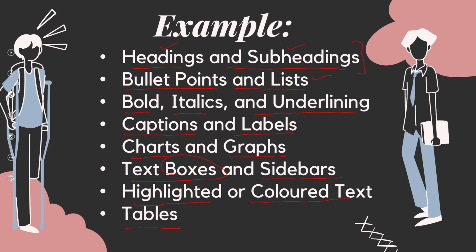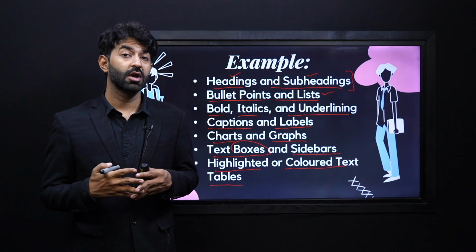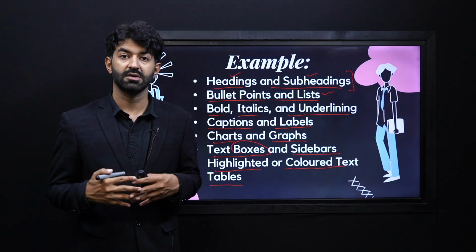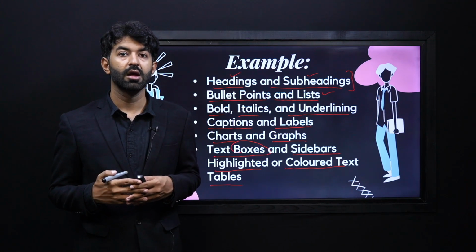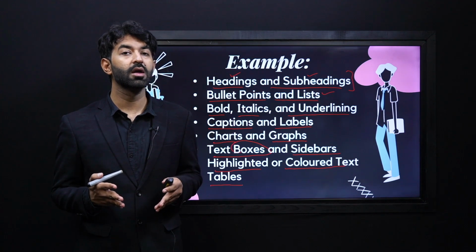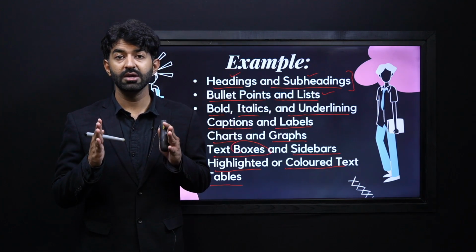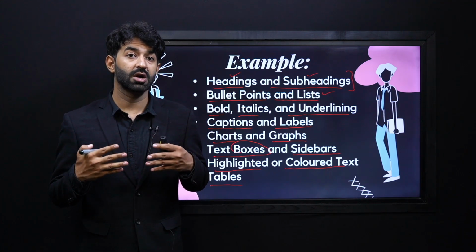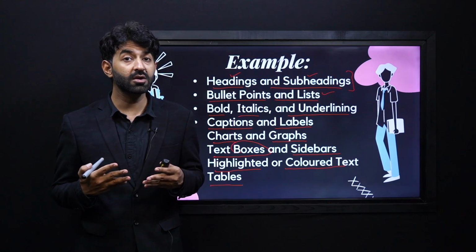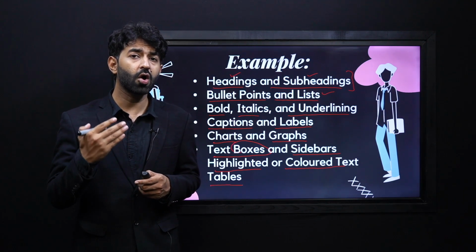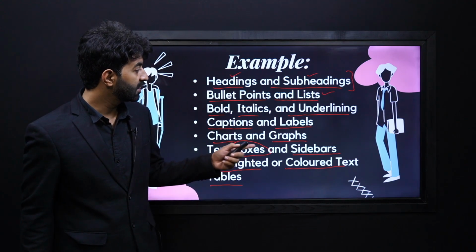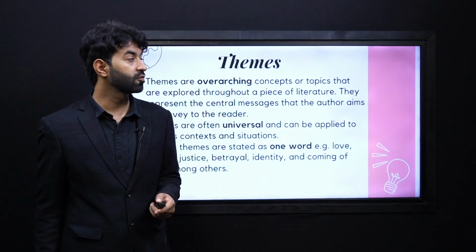Now, if your text is organized in such a way that it has a heading and a subheading, by looking at the structure and the formatting, you will be very effective and helpful in order to identify the meaning of any text. So the format and the structure is very important.